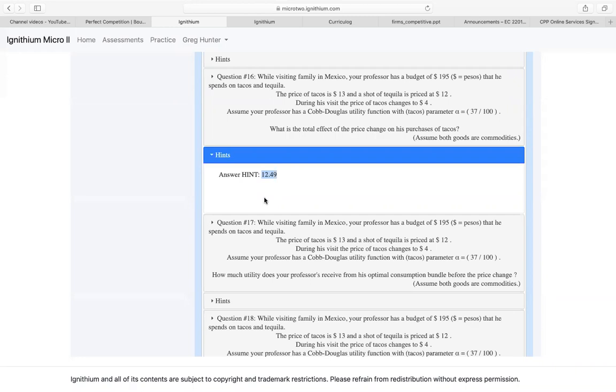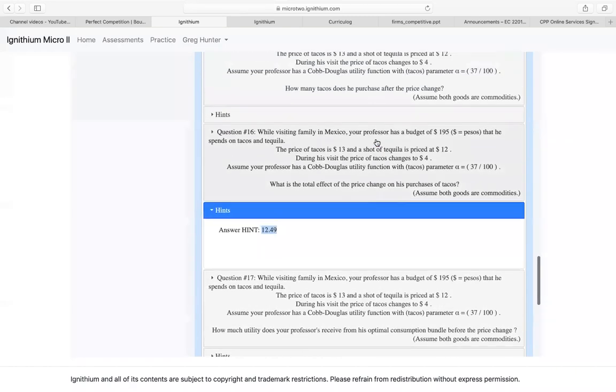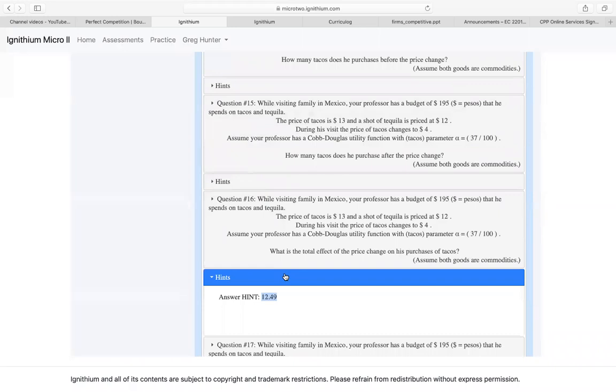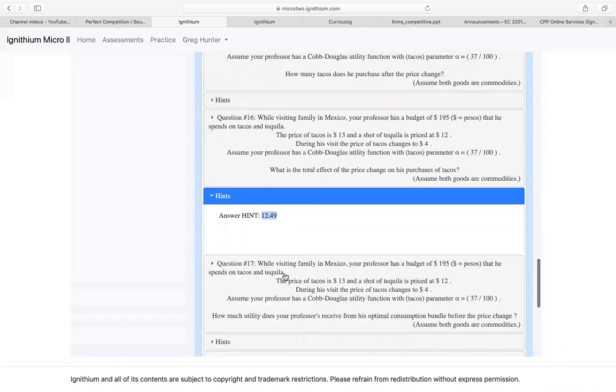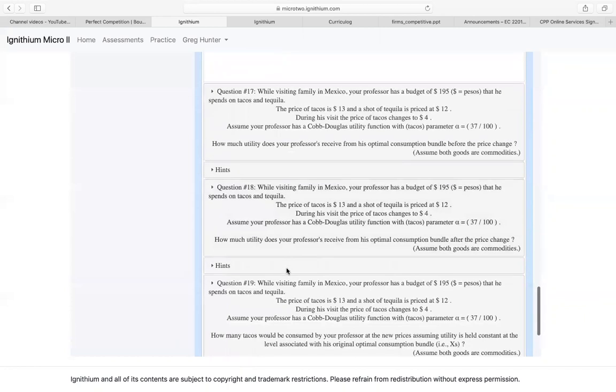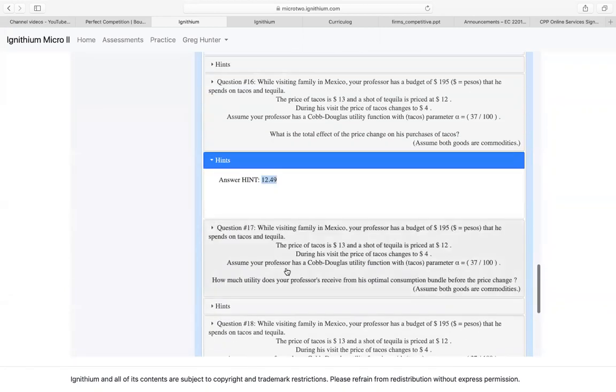That was the effect of the price change on the consumption of tacos. Does that make sense, Diego? Yeah, it makes sense. So these two questions, 14 and 15, are related to question 16. And then we move on to questions 17, 18, 19, and 20.